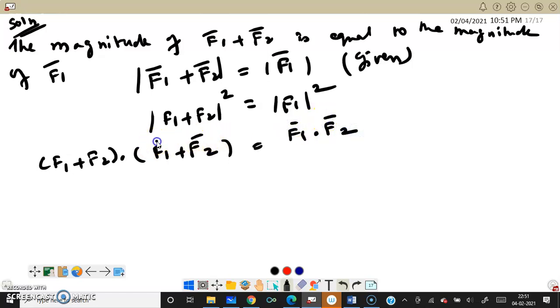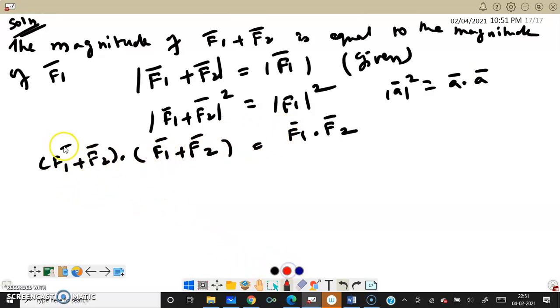All these are forces. Modulus of A square equal to A dot A, that is the formula we have used.